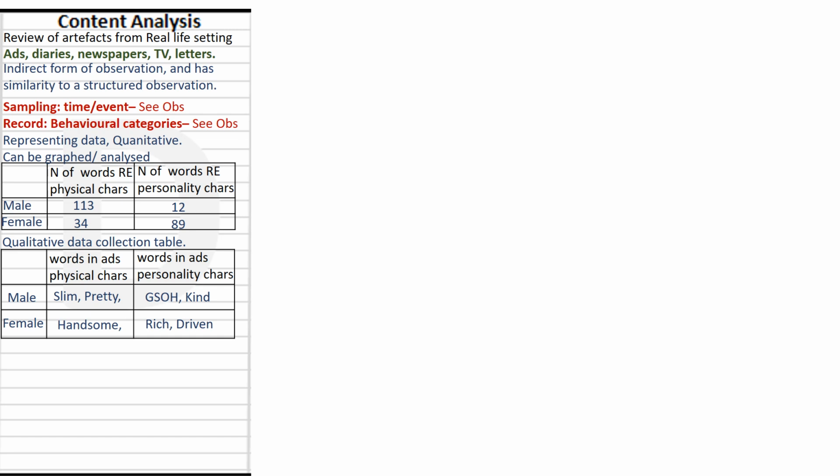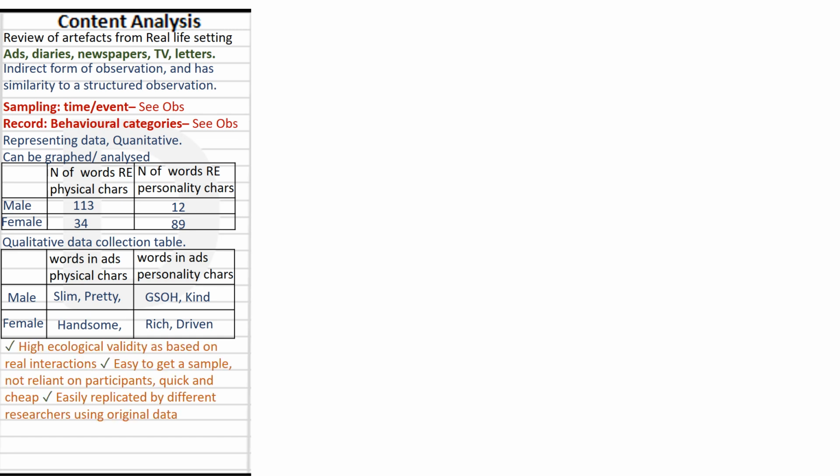When they mention words that imply personality characteristics, it could be good sense of humor and kind. For a female, they could be looking for handsome for physical, and then for personality, they could say rich or driven, and that might link into some evolutionary explanations of mate choice.